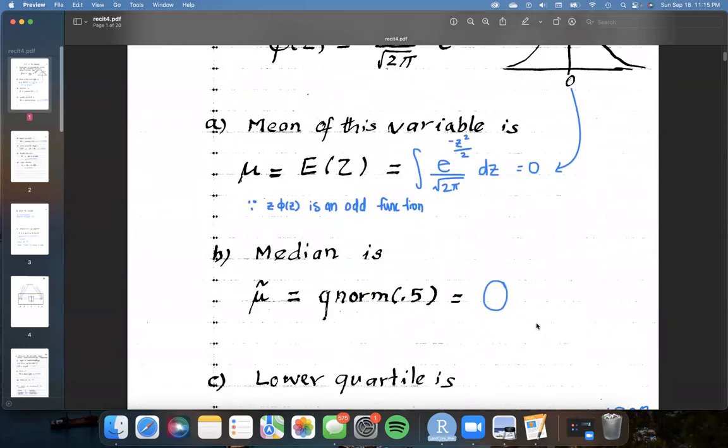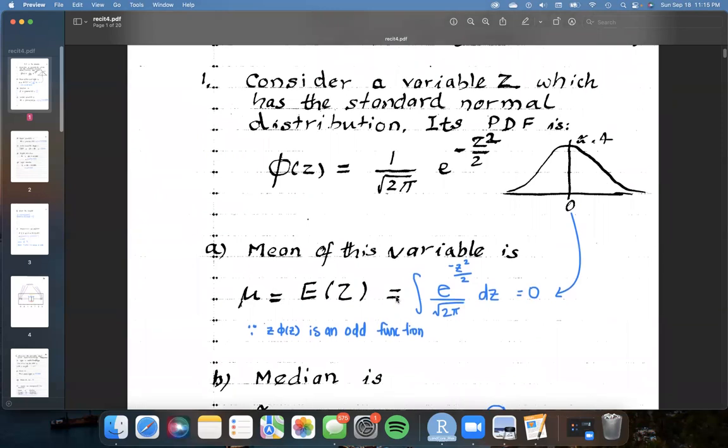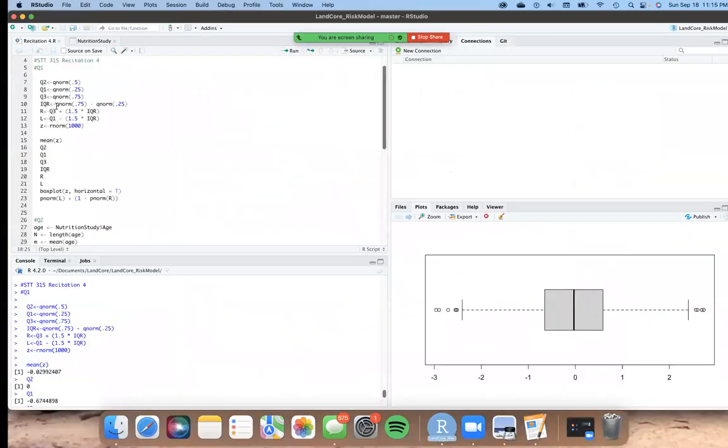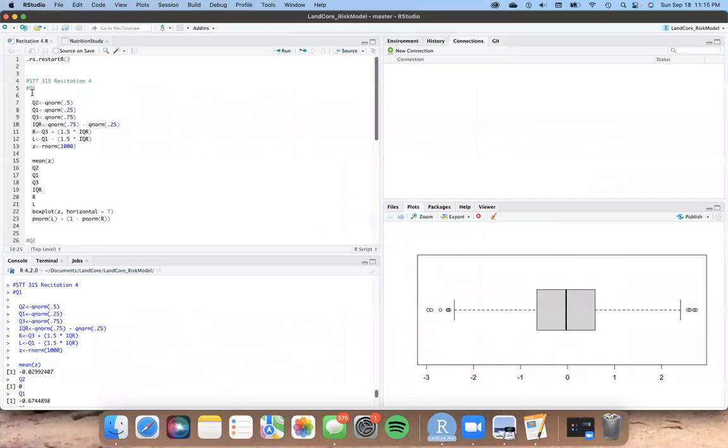Then it'll ask for the median, lower quartile, and upper quartile. So I'm going to transition to R right now to show you how to do this. To find the median, which is also known as quartile 2, you can do the function qnorm of 0.5 or 1/2.